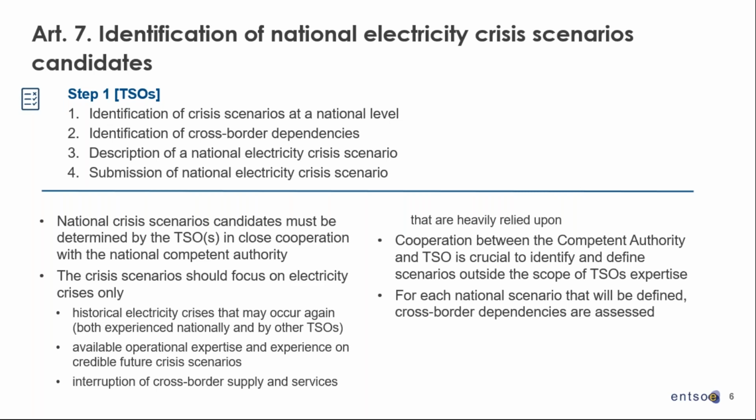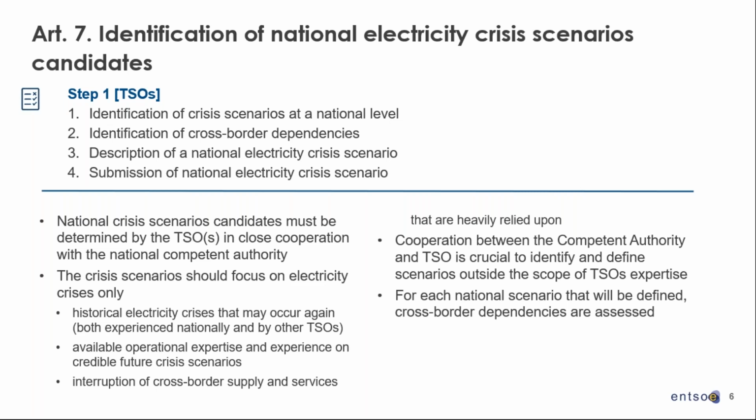So to complete a full picture, the TSOs must work closely with the competent authorities, and we've worked with the ECG to emphasize that point. The spirit of the regulation is very much a cooperation between TSOs and the competent authorities throughout.